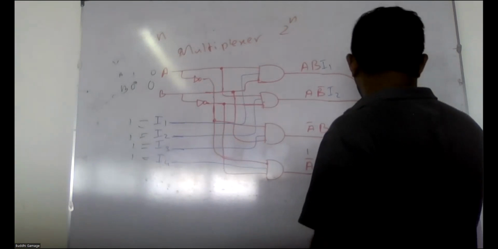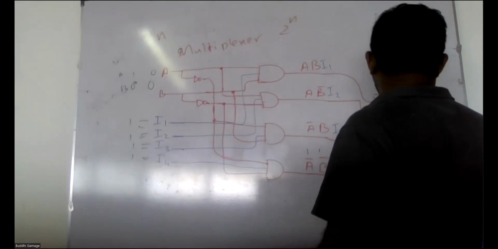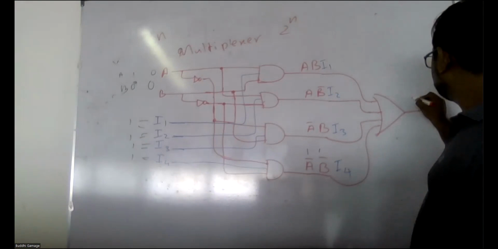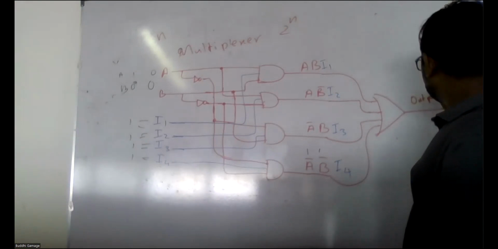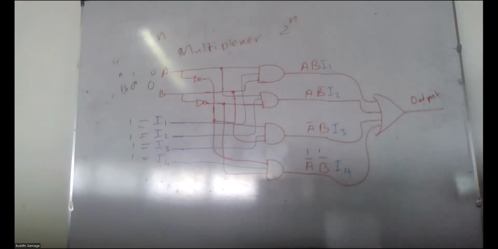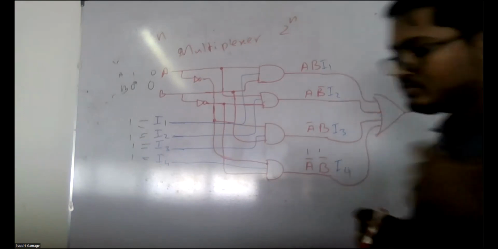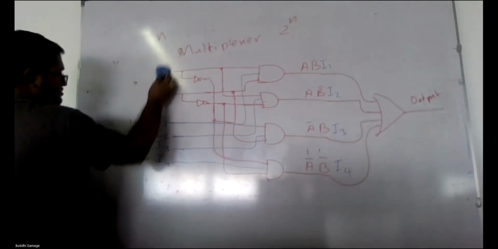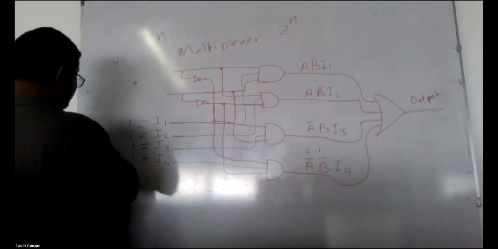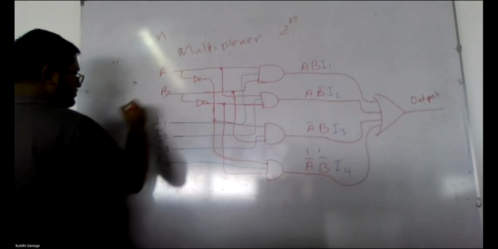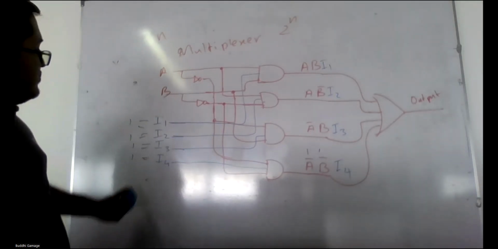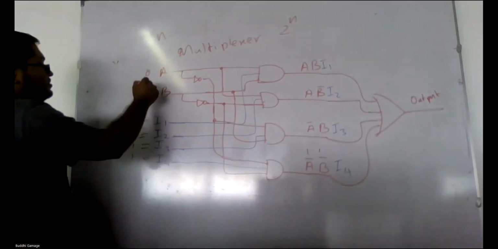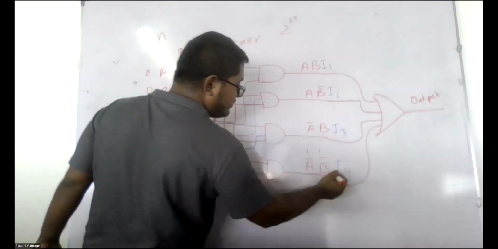So summation will be an OR gate. This is the, there are 2 control lines, say there's A, B and there are 4 inputs. And according to that, if these are 0, 0, then I4 will only active.